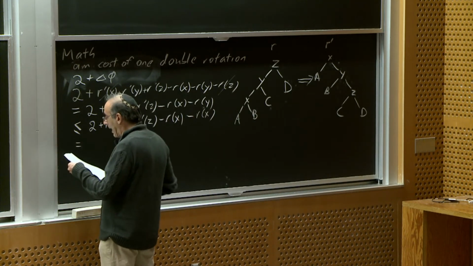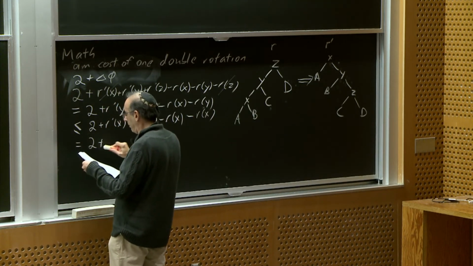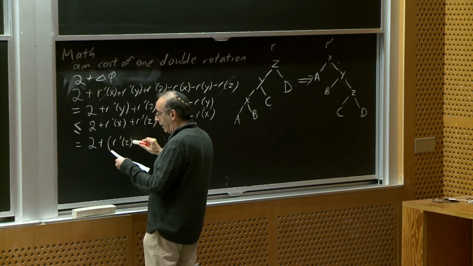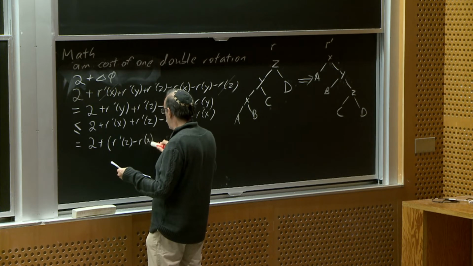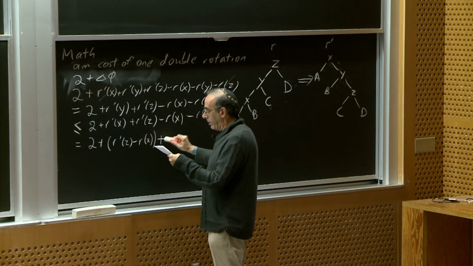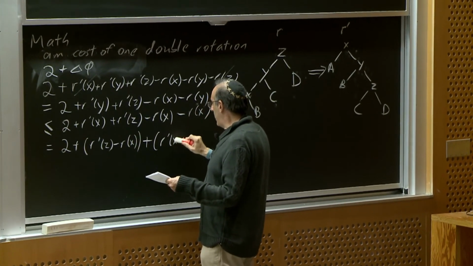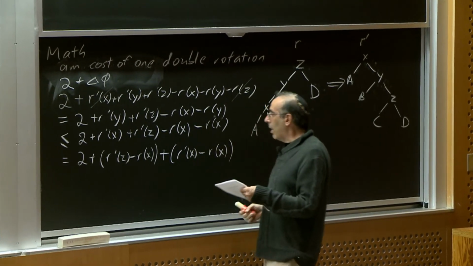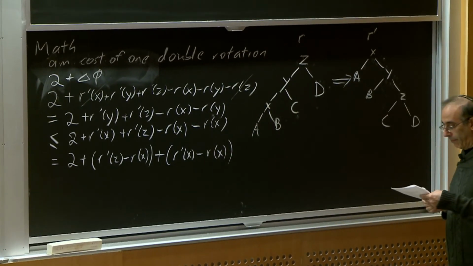And I'm going to gather some terms together. I have an r prime of z minus r of x. And I also have an r prime of x minus r of x. Why? Well, we'll see in a minute. Okay.